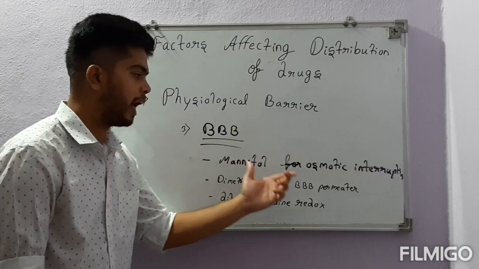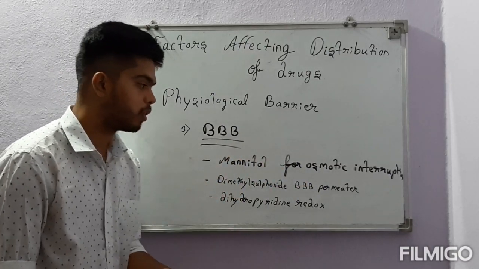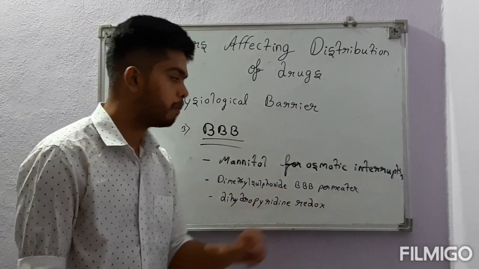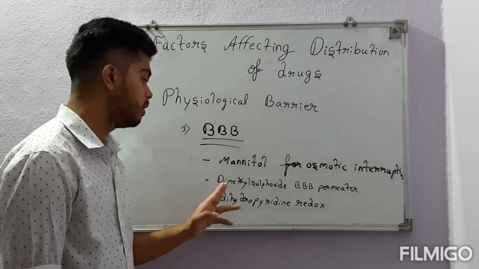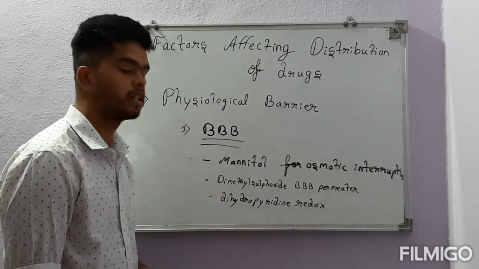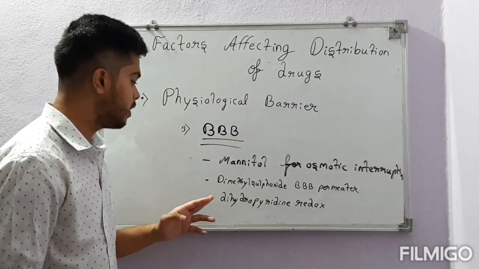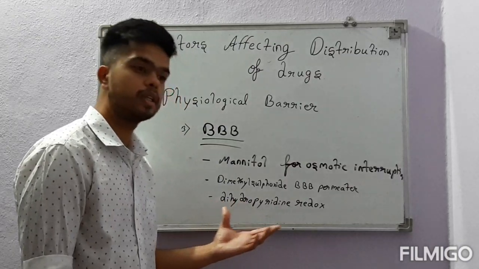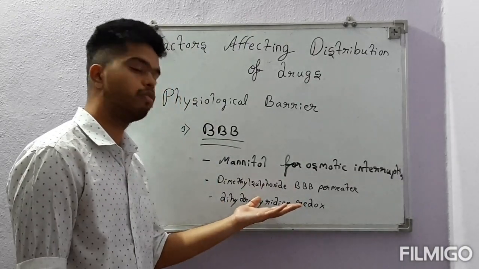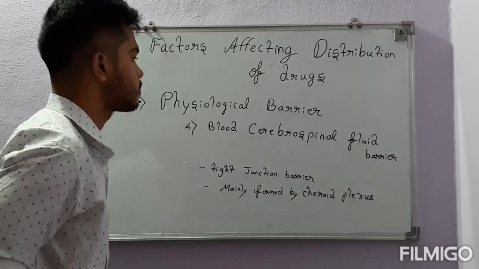Dimethyl sulfoxide is a BBB permeation enhancer, used with the drug to help it enter. Dihydropyridine redox-like substances act as a carrier for a drug moiety when given across the blood-brain barrier.